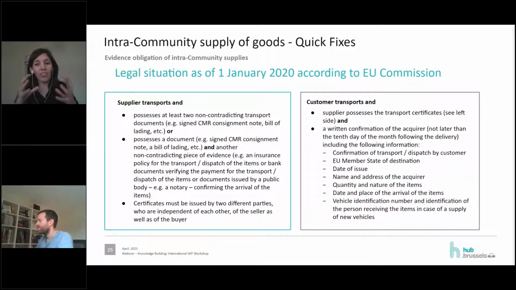So it's not because you are not fully complying with these EU presumptions applicable in the Belgian legislation that you cannot demonstrate that there's a transfer from Belgium to another EU country. You can also use a set of other documents than the ones mentioned regarding the presumption.